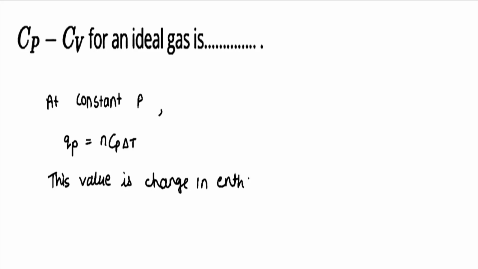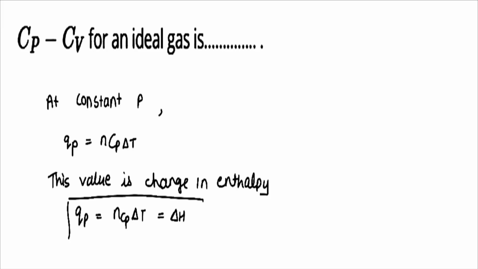So Qp is equal to nCp delta T, which is delta H. So this is the first equation.